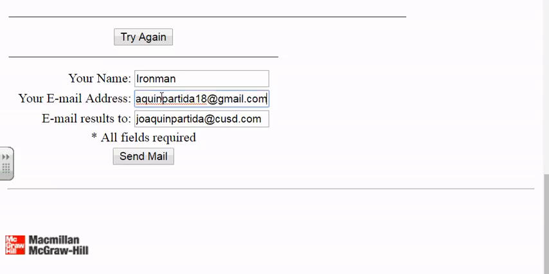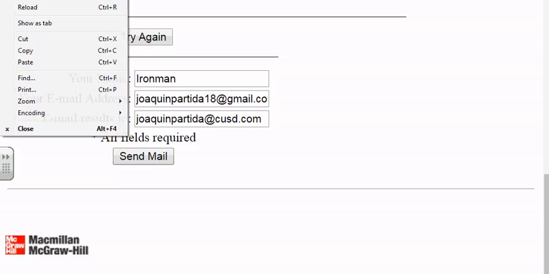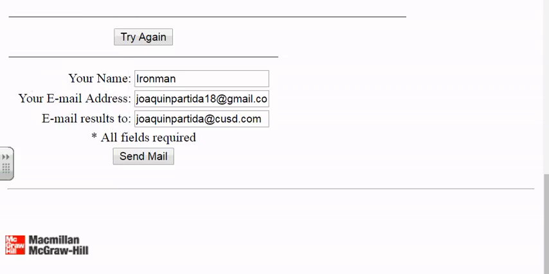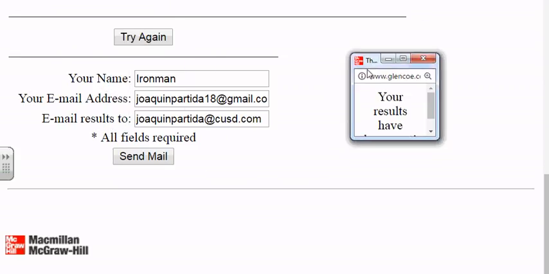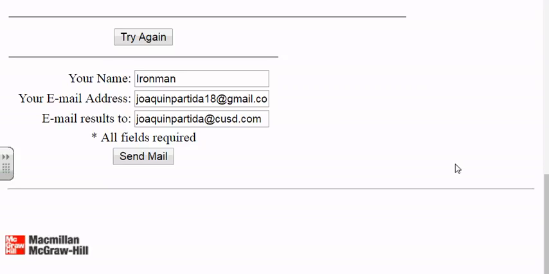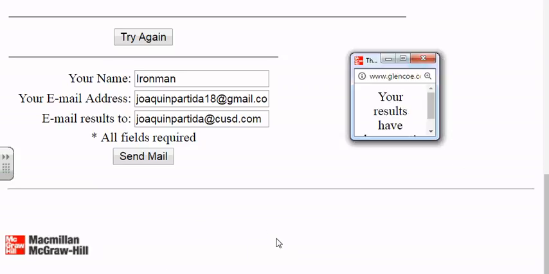And then send it. And when you send it, there's a little box that's going to pop up right here. You see the little box? And you can't see it, but I got the results already, right here on my phone. That's why it played I am Iron Man. So I just got the results just now.